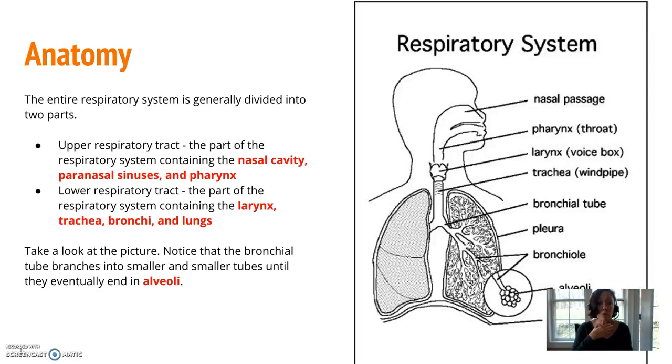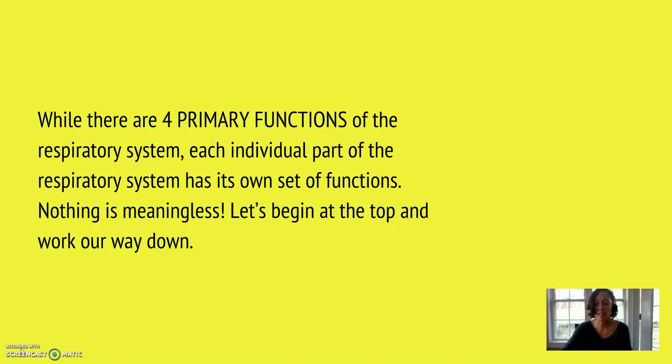The lower respiratory system is everything below that that's involved in your breathing. So that's going to be your larynx, your trachea, the bronchi, and your lungs. Take a look at this picture and you'll see that the bronchial tubes branch into smaller and smaller tubes and eventually end in your alveoli. And we'll talk about that in class and we'll actually draw some of that out.